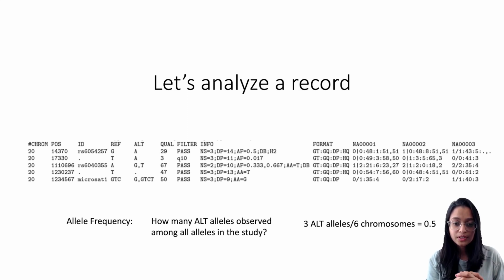For the last sample, we can see the genotype is unphased, and it's a homozygous alternative with a genotype quality score of 43, and there are 5 reads supporting this genotype. And since this sample is unphased, there are no haplotype quality scores, which are indicated by period, comma, period.